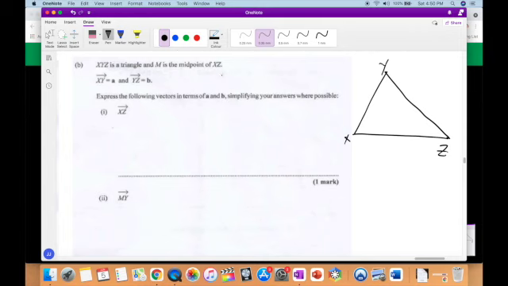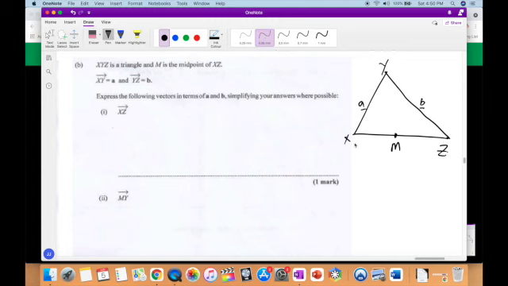And M is the midpoint of XZ, so here is the midpoint M. XY is the vector small a, and YZ is the vector small b. Express the following in terms of a and b, simplifying your answers where possible. Yes.